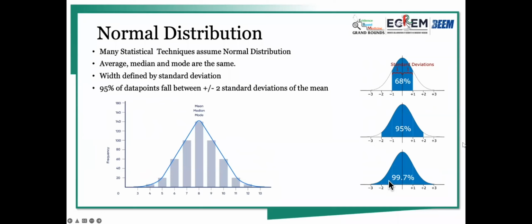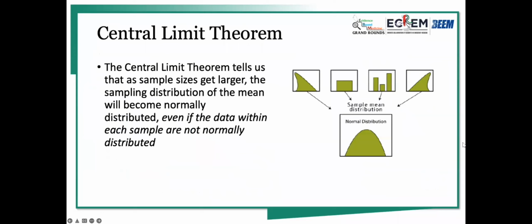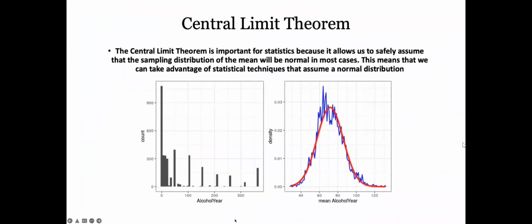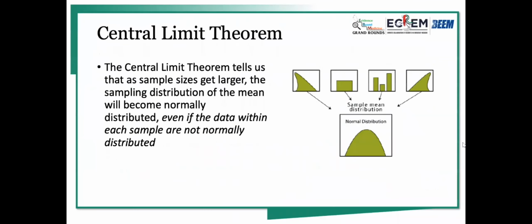Now this is really important to understand, that one of the nicest things about statistics is that we're not limited to only studying data that is distributed normally in nature.